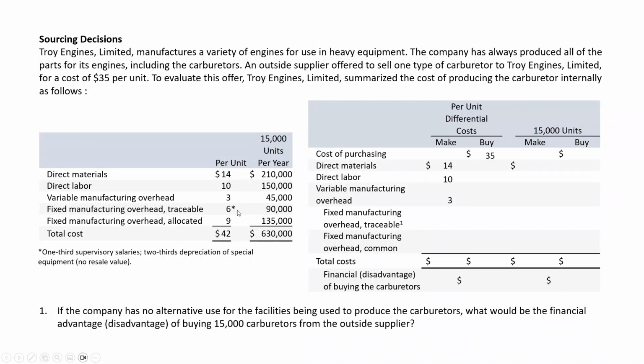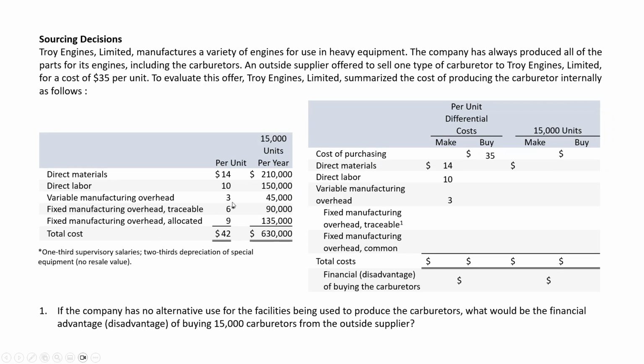Now we're going to get to our fixed manufacturing overhead that's traceable. So in a previous video, I talked a little bit about the difference between traceable and common. The assumption for traceable, given no other information, is that it exists to support a particular segment or process like the carburetor here, and if you get rid of it, it disappears if I'm given no other information.